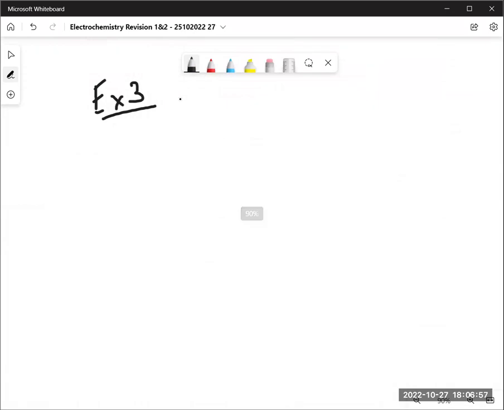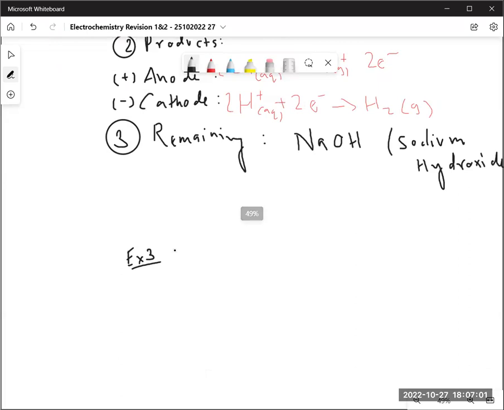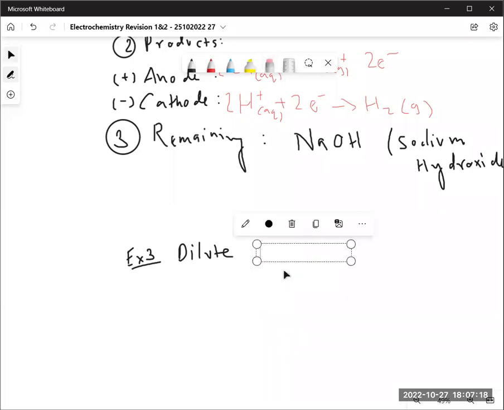Now another example, let's take dilute copper chloride, CuCl2. Now let's write it separately. Copper chloride. So, Diana, give me the ions.